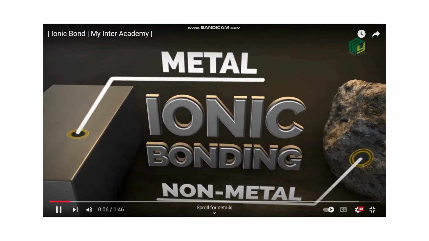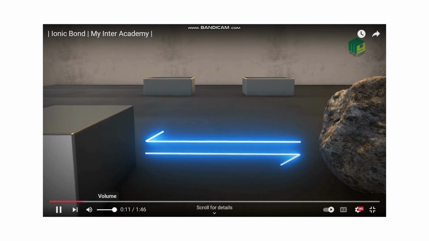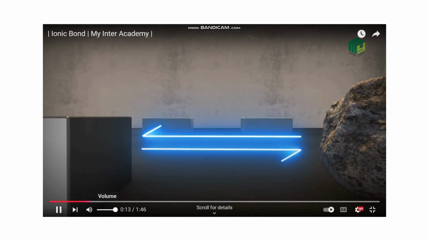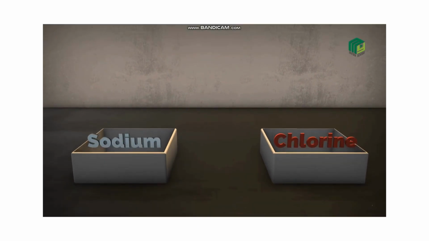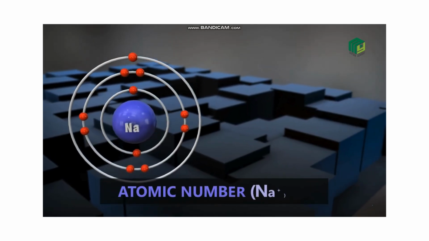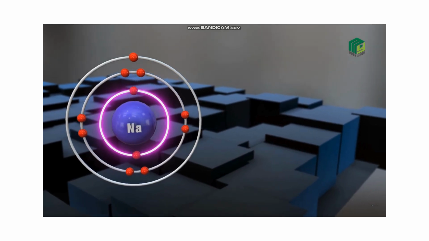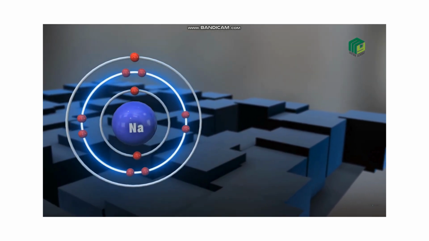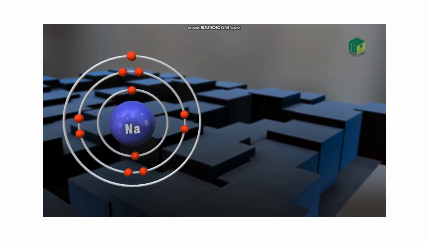This type of bond is formed by complete transfer of one or more electrons. To explain the mechanism of ionic bond, let us consider the formation of ionic bond between sodium and chlorine. The atomic number of sodium is 11. It consists of 2 electrons in K shell, 8 electrons in L shell, and 1 electron in M shell.